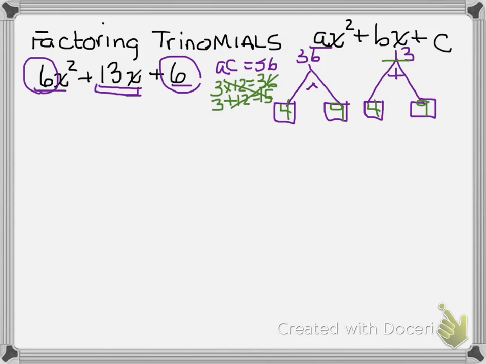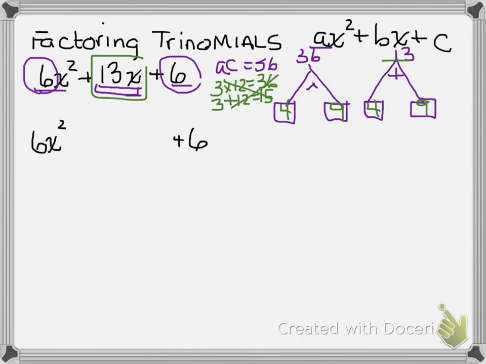Now our next step is to use those 2 numbers we just found to replace this middle term. I'm going to rewrite my trinomial, except that I'm going to expand it to have 4 terms. The first term stays the same and the last term stays the same.